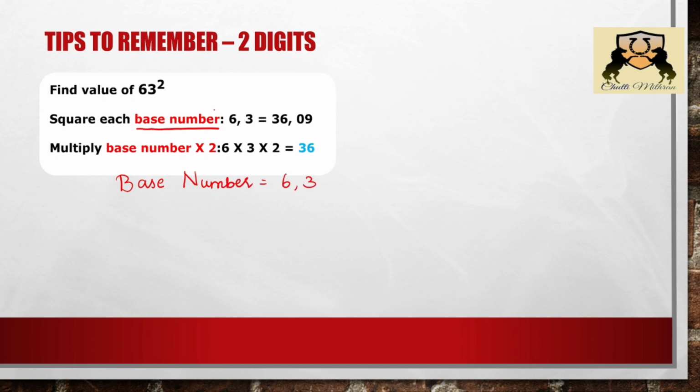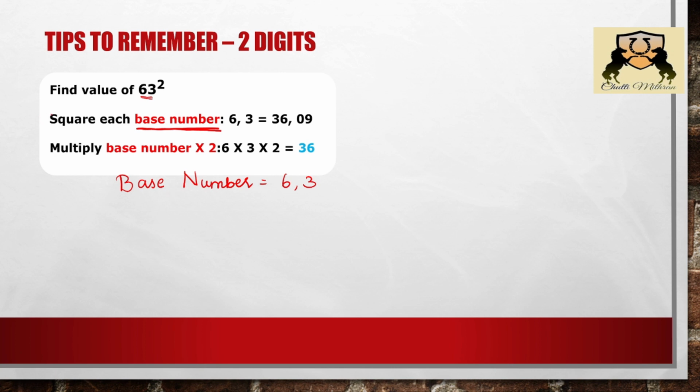How did I get it? Let's go back to the question here. 6 and 3 are in the base form while the 2 is in the form of exponent or power. That is why we consider 6 and 3 as the base numbers in our question.